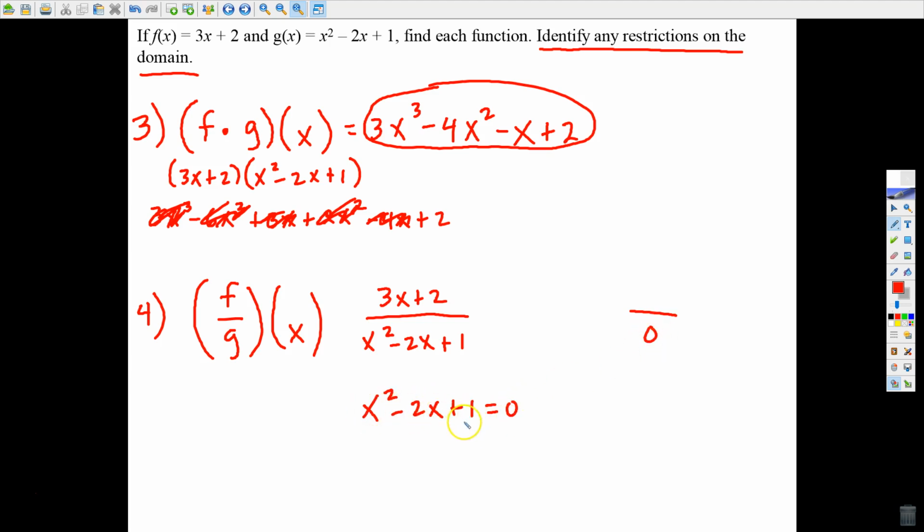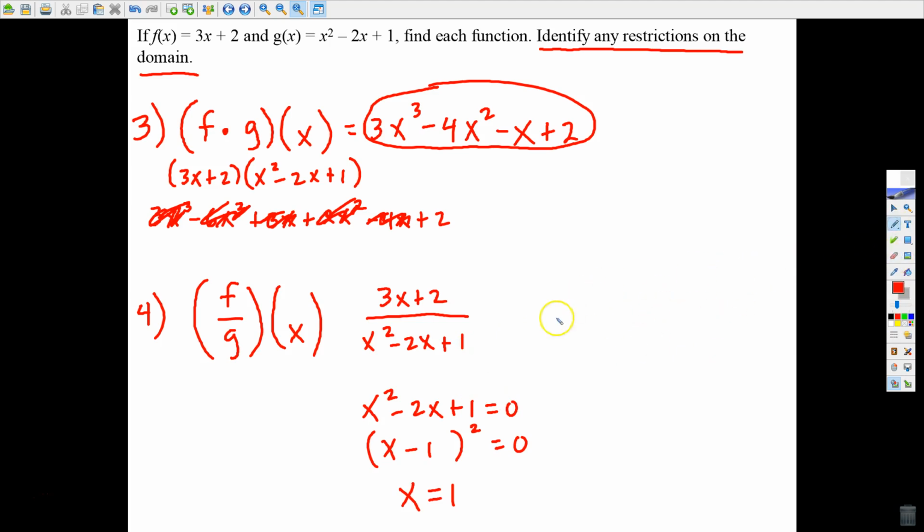And the easiest way for me to solve a quadratic equation is by factoring if it's possible. And factoring is possible here. It's the binomial x minus 1 multiplied by itself. So when x is 1, if we let x be 1 as an input in the denominator, it would become 0. So we need to place a restriction on our domain.